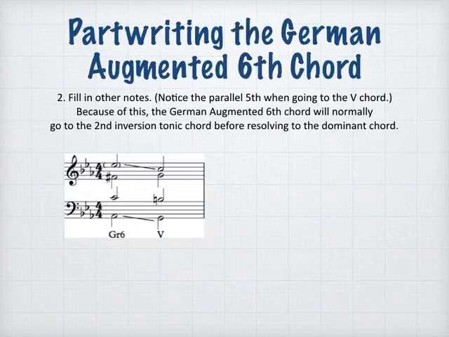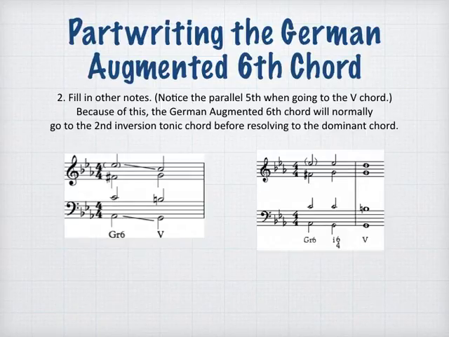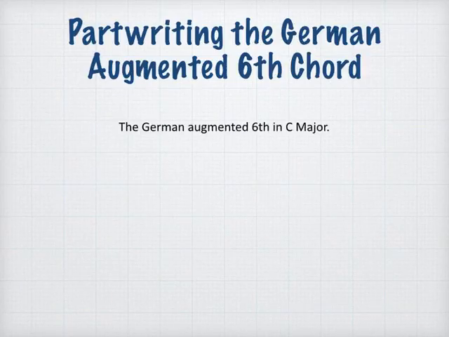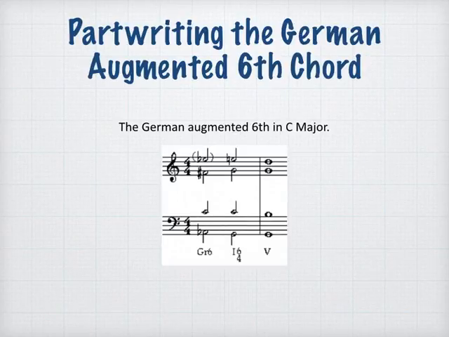The way to not have parallel fifths is to go through the 1-6-4 before you go to the 5. And here's the German augmented 6 chord in major. That's how to write all 3 of the augmented 6 chords and how to resolve them.